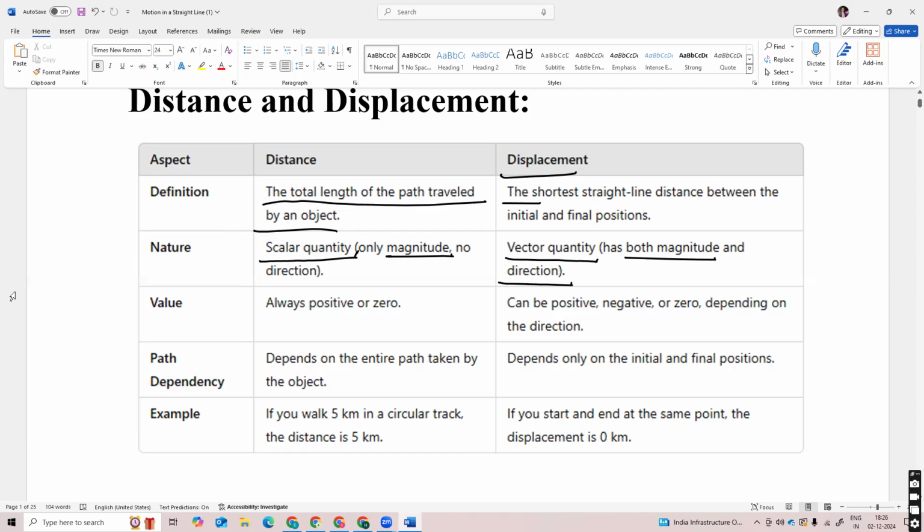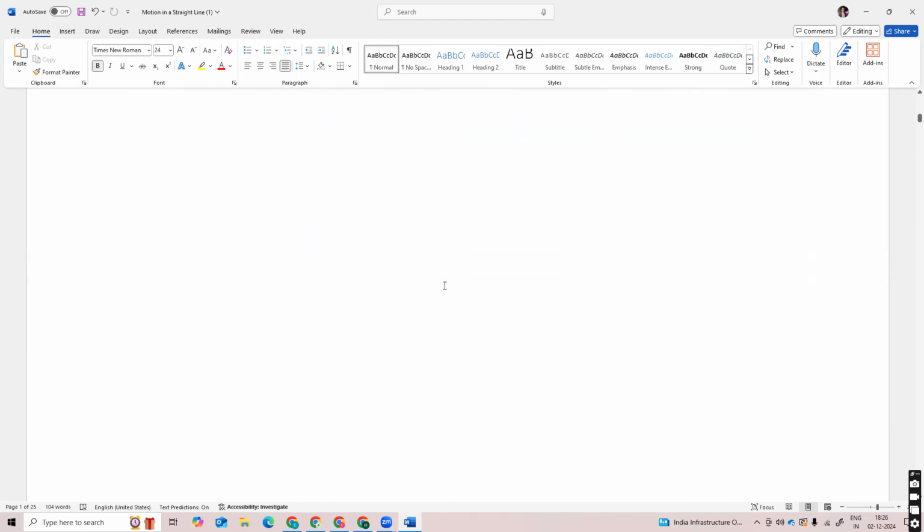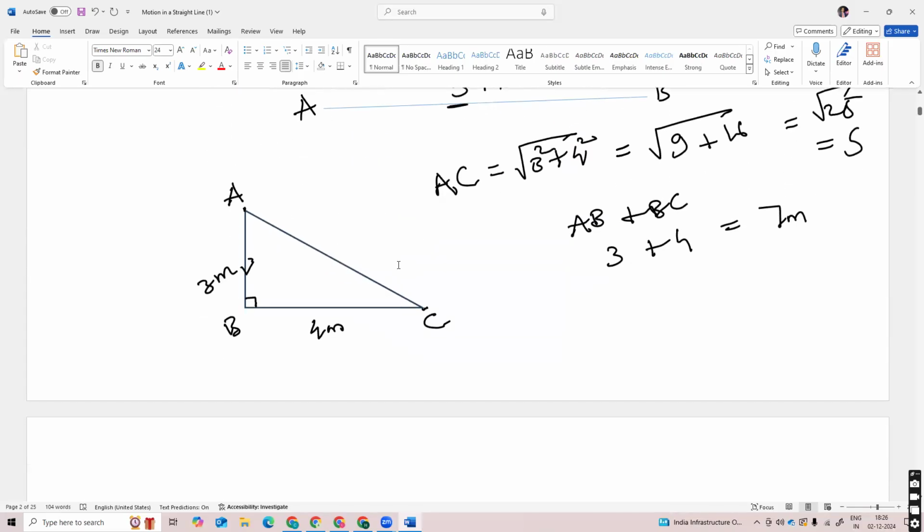So again, we can show it using some graph. Let's say this is the north direction, this is west, this is east, and this is south.